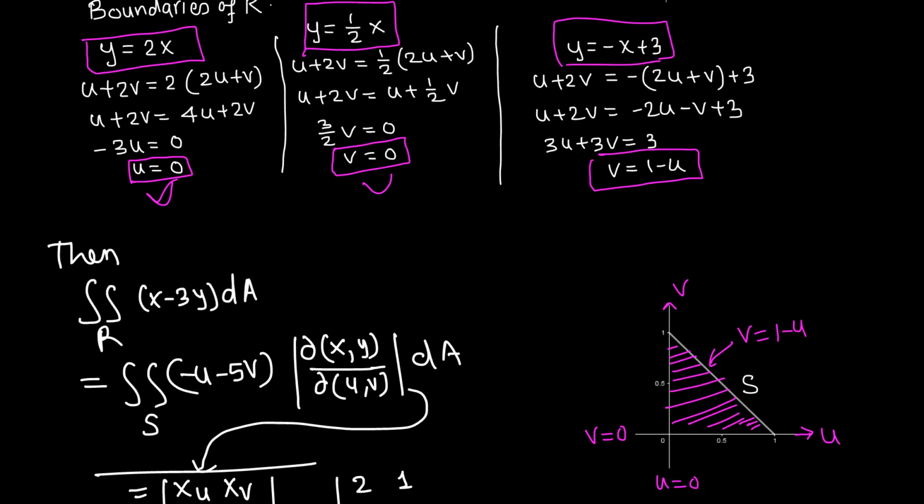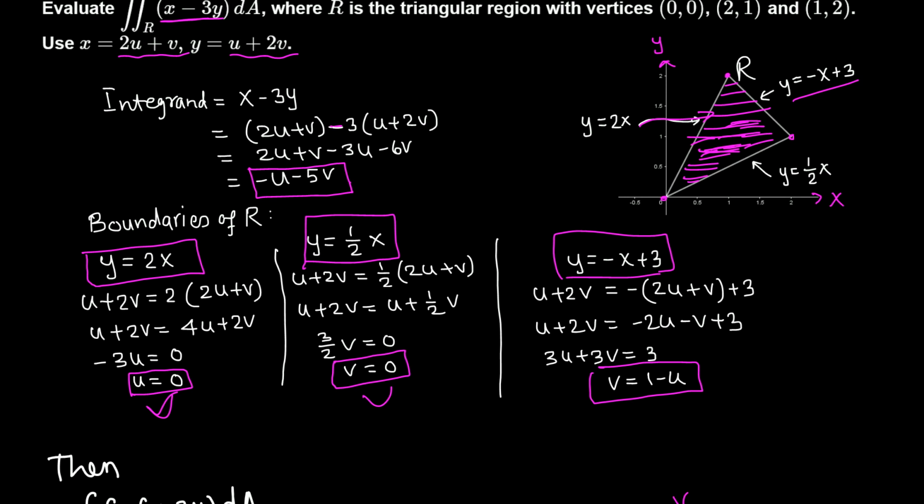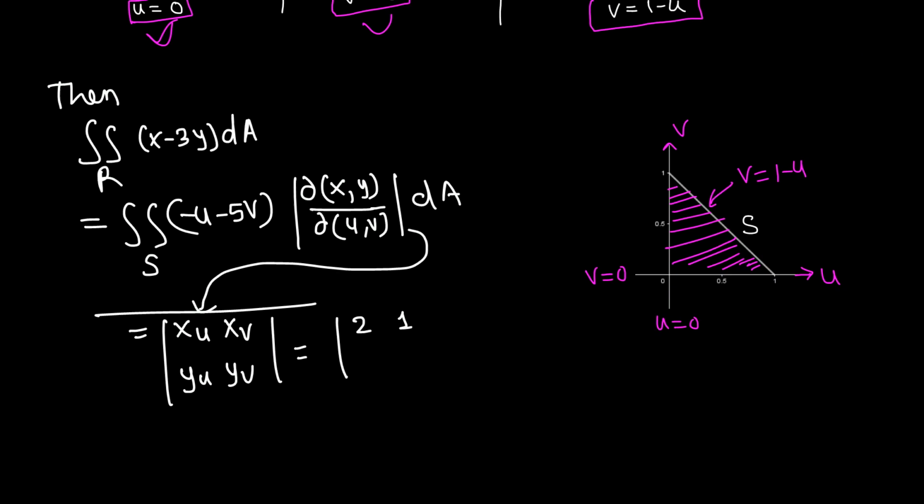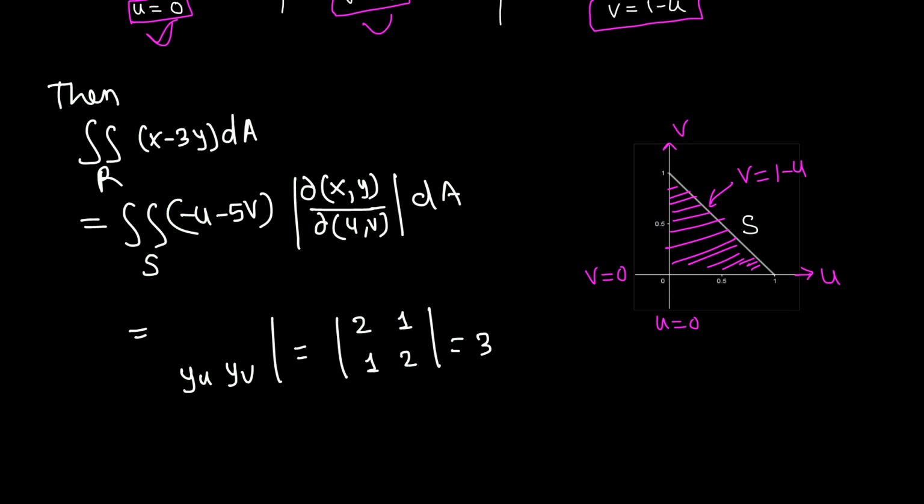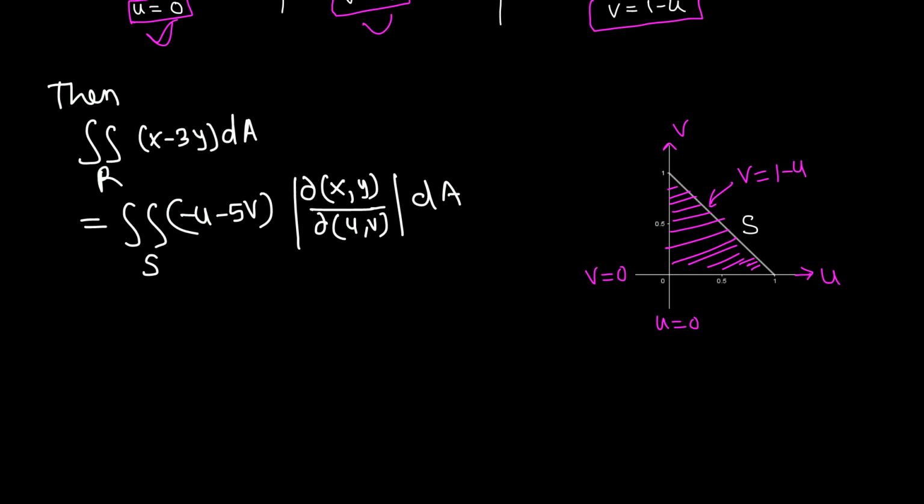And y is u plus 2v, so the partials are 1 and 2. So the determinant is 2 times 2, which is 4, minus 1, which is 3, and the absolute value of 3 is 3. So we just found this value, 3.